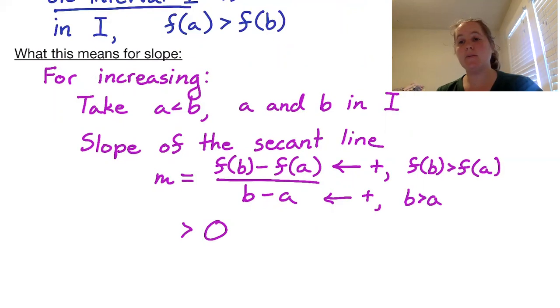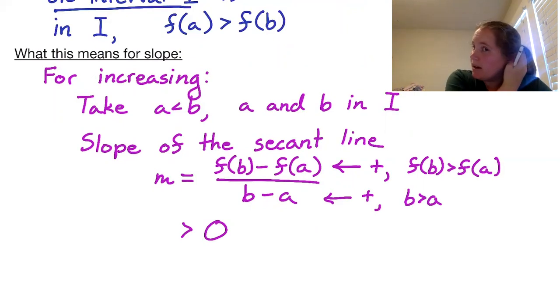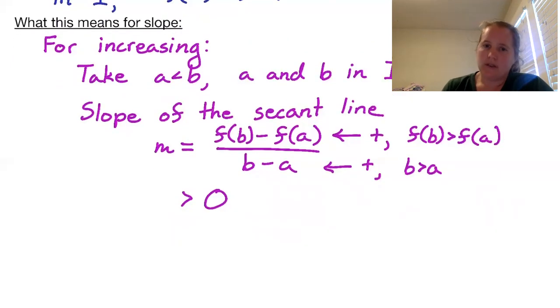And if we picked a and b closer and closer together, we would presumably get that the derivative was also positive.